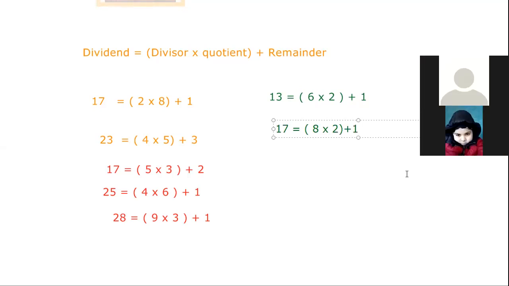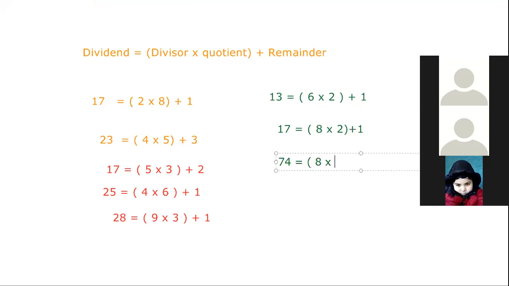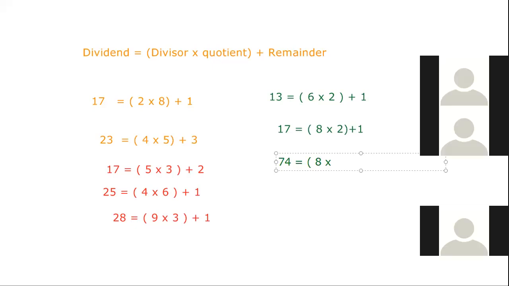Now I will choose Hassan. Yalla Hassan. Okay, I'll give you a harder one, Hassan. We have 74. It's 8 times what? 8 times 7. Always focus. Miss, the others mute yourself. Yalla Hassan, 8 times what? 8 times 8 is 64.